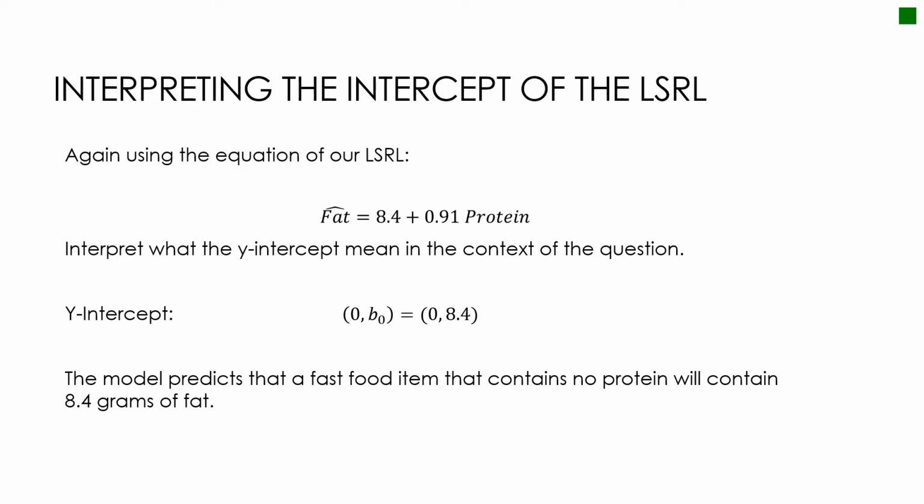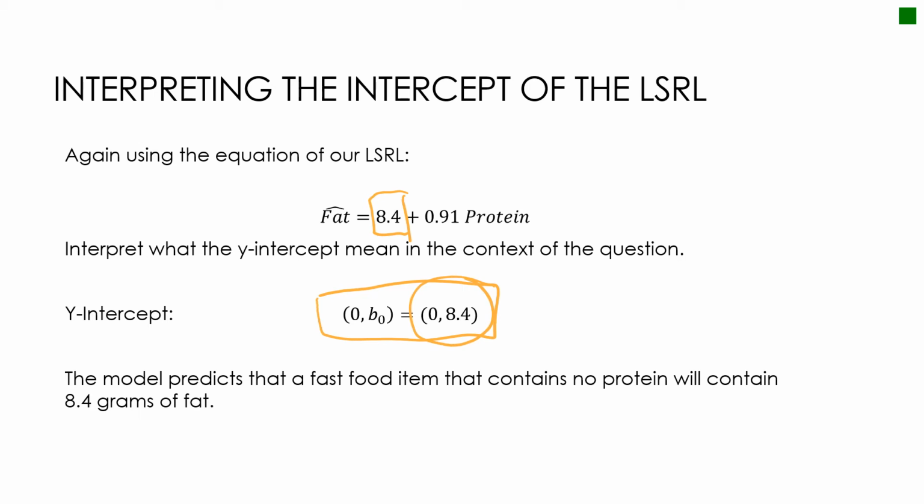Similarly, if I want to interpret the intercept, or y-intercept, of our least squared regression line, remember that our y-intercept is this one here that is not being multiplied by anything else, it's just being added. And I want to interpret, what does that mean? So again, I don't need to see this part, because this is just what we use to understand. But remember, the y-intercept is 0 on the x-axis and whatever the value of the intercept is on the y-axis.